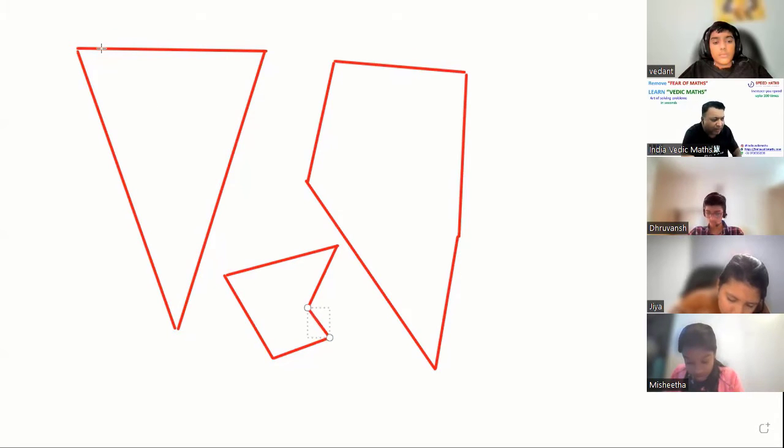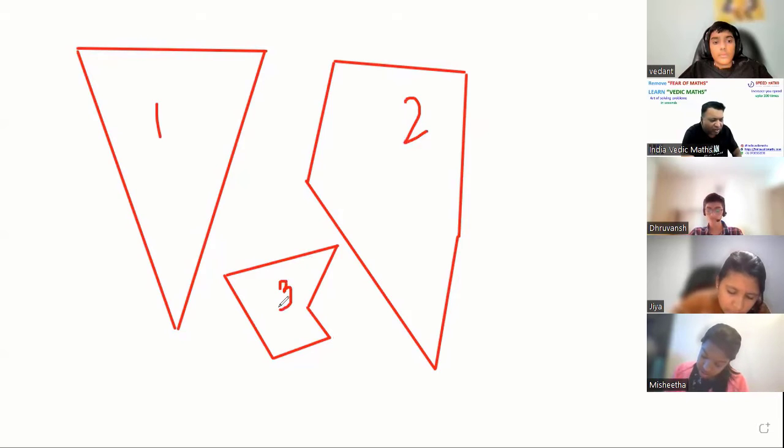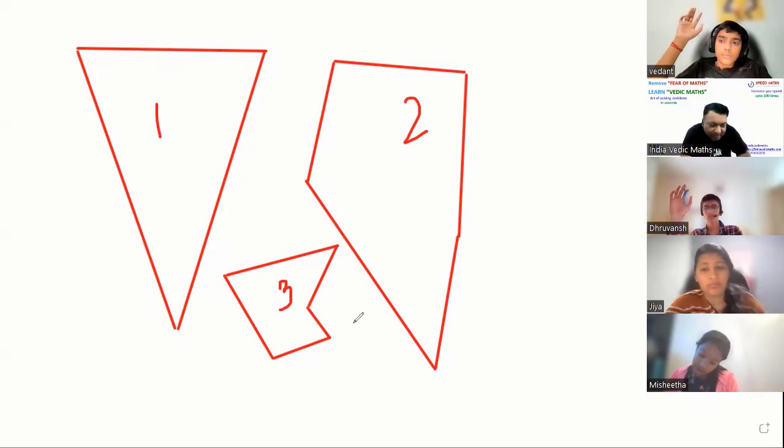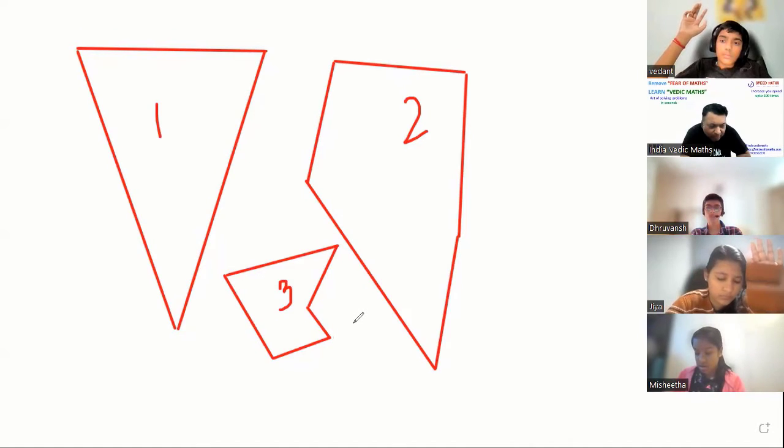Now, please tell me number 1, number 2, number 3. What is 1, what is 2, what is 3? All are polygons. Which is concave, which is convex? Everybody's ready. True answer. So number 3 is concave and the rest are convex.